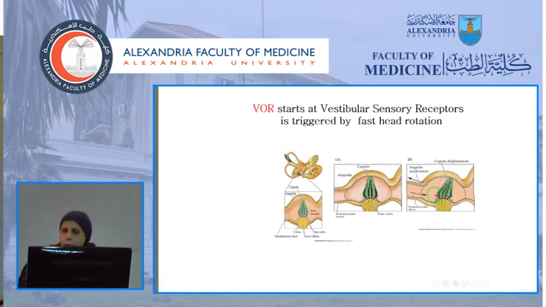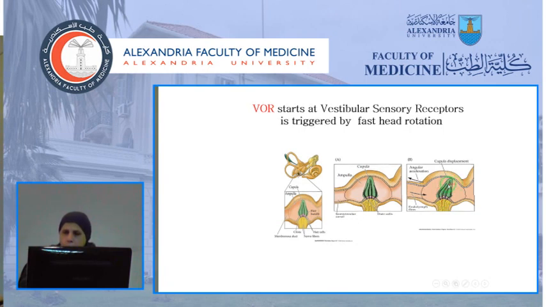Now, the movement of the stereocilia towards the longest kinocilium, or the tallest hair cell, will make an increase in the firing rate in the vestibular nerve.